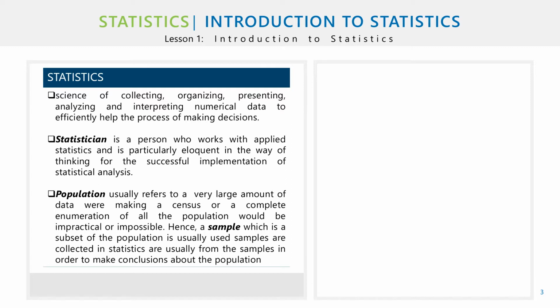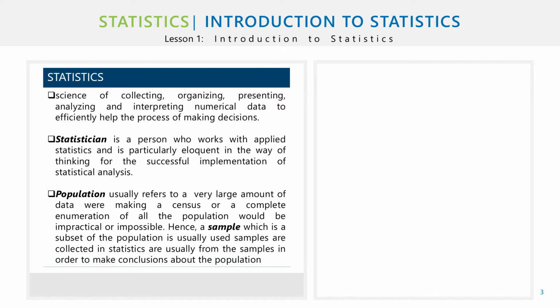Next, another important aspect of statistics that you need to know and deal with is to be able to differentiate a sample and a population. But first, let us start with the population.